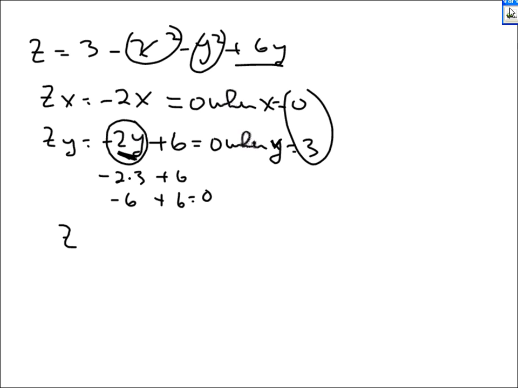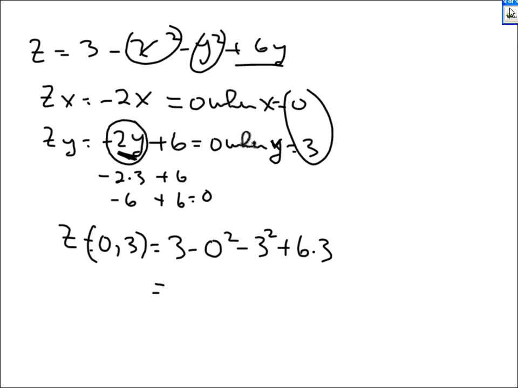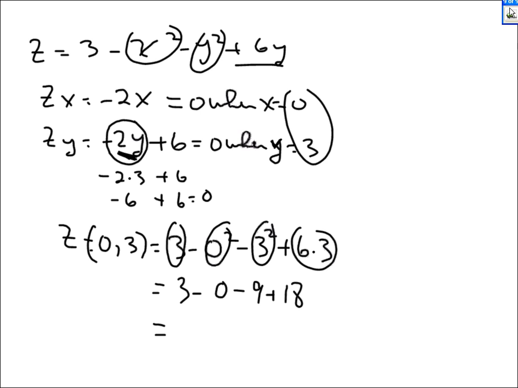Just want to find z. We want to find z of 0, 3. It's 3 minus x squared minus y squared plus 6 times y. It's that number minus that number minus that number plus this number. 18 plus 3 is 21 minus 9 is 12.